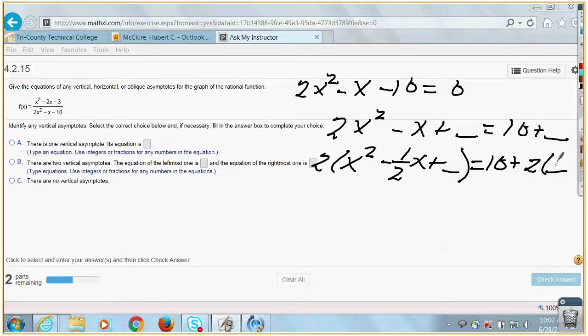And that's going to give you 1/2 divided by 2, which is 1/4. 1/4 squared is 1/16. And if you don't know what I'm doing, you need to go back to the completing the square videos.